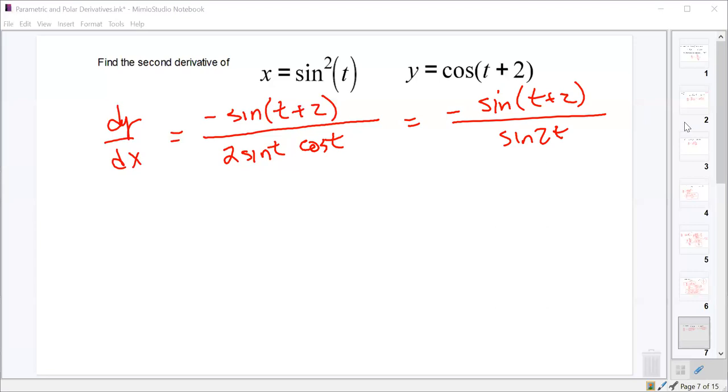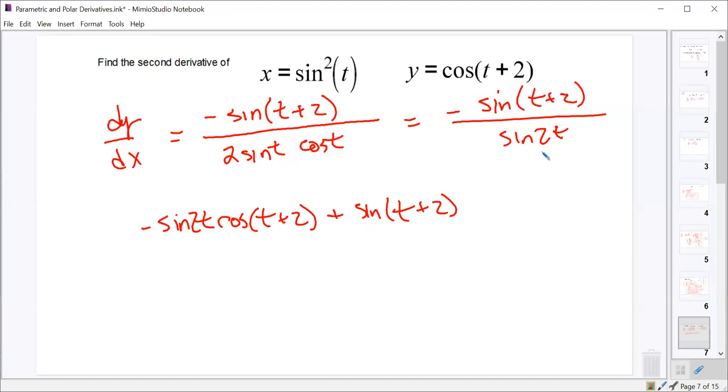So now we're going to take the second derivative. We take the derivative of this with respect to t and then divide it by our dx/dt value. So the derivative of this should end up with sine 2t times the derivative of negative sine of t plus 2, which is negative cosine of t plus 2, minus our negative sine t plus 2, which gives us a plus sine of t plus 2.